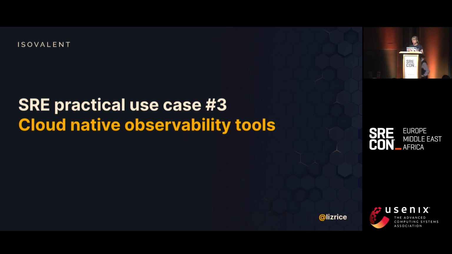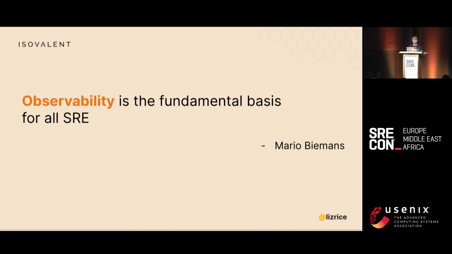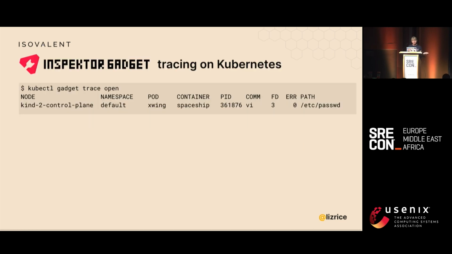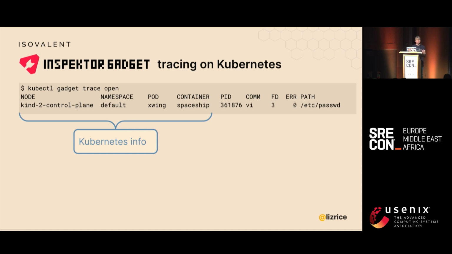Let's have a look at a few examples in the observability space, because observability is essentially fundamental to everything that you do in SRE. First example is something called Inspector Gadget, and this takes a lot of the event tracing that I showed that big confusing diagram of, a lot of those brought into the Kubernetes world so that we can add information about the Kubernetes context.